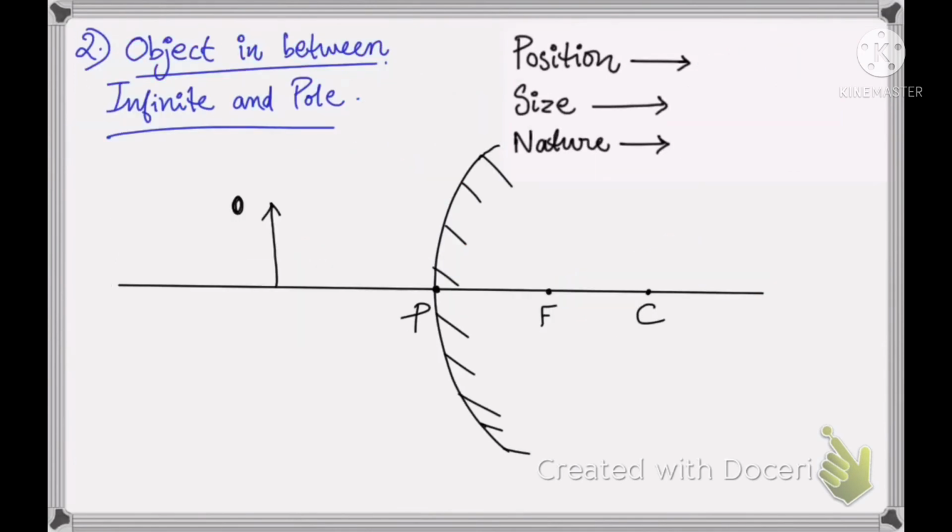So now let's consider the second case, when the object is between infinity and pole. Because we can't consider the object beyond C, between C and F, or between P and F, because these all lie behind the mirror. And of course the object is kept only in front of the mirror, right? So here we have only two cases. The second case is the object between infinity and pole.